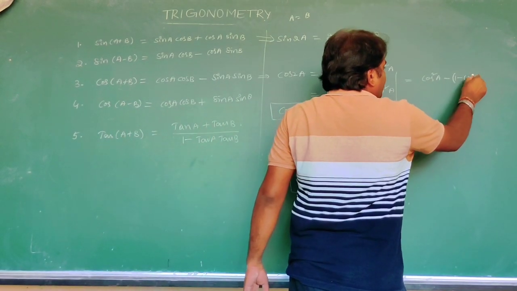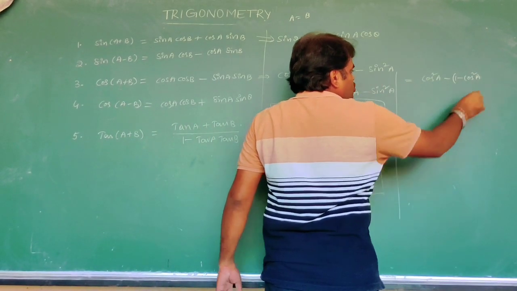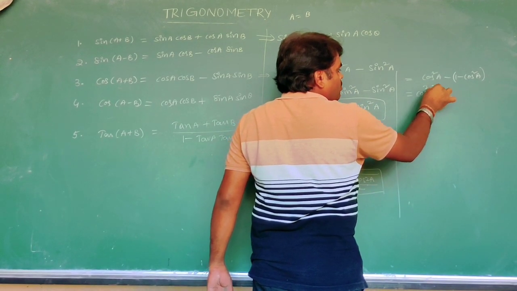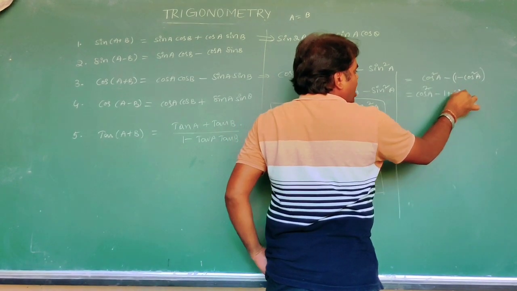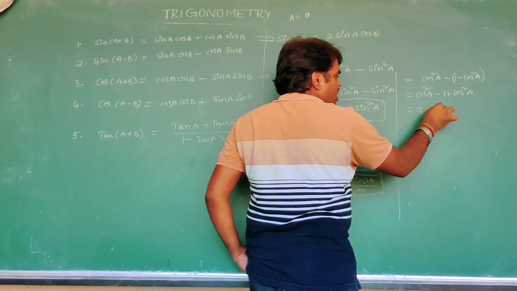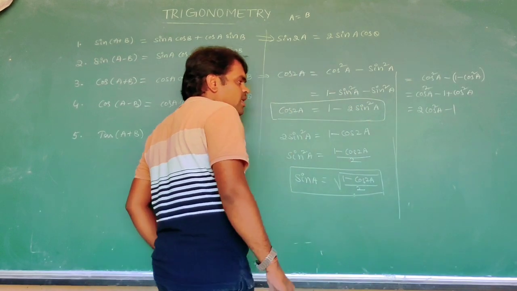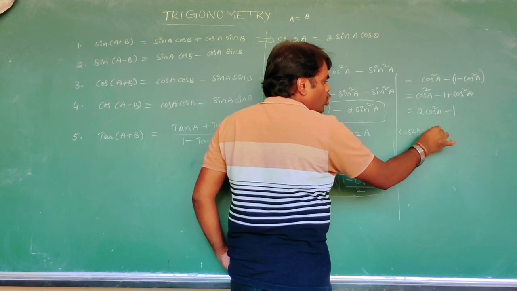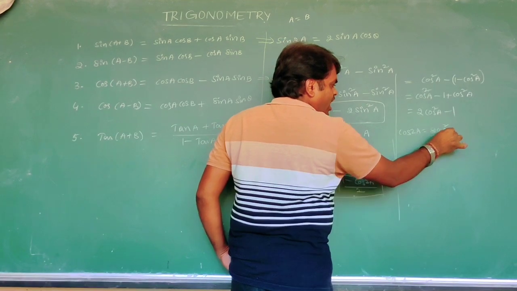So sin square A is 1 minus cos square A. Then what do you write? Cos square A minus 1 plus cos square A. That is 2 cos square A minus 1. That means cos 2A is equal to 2 cos square A minus 1.